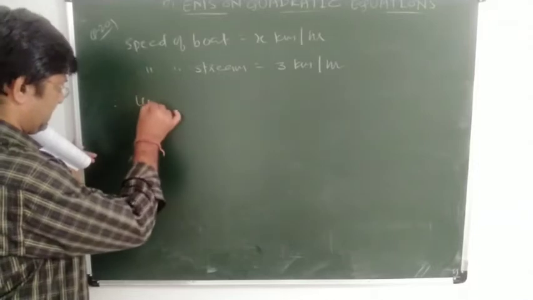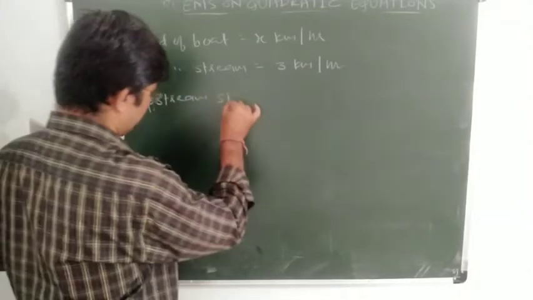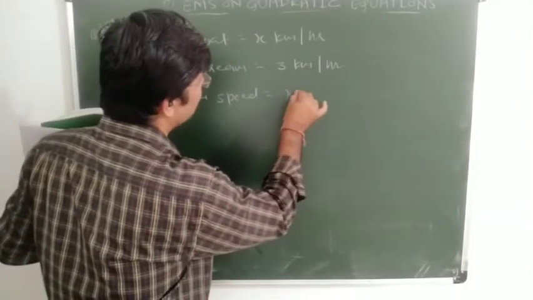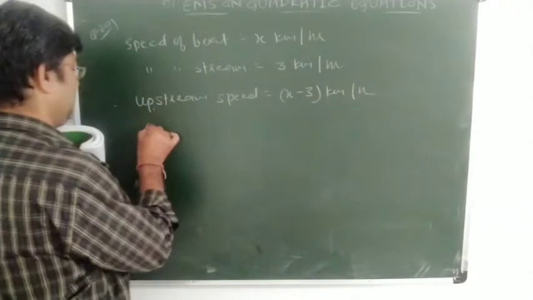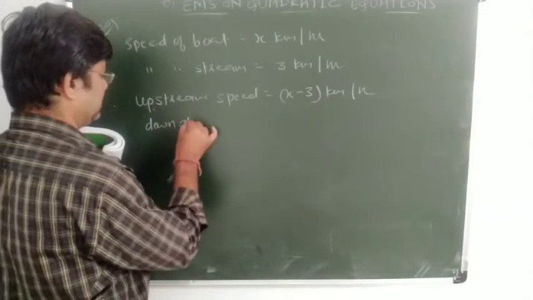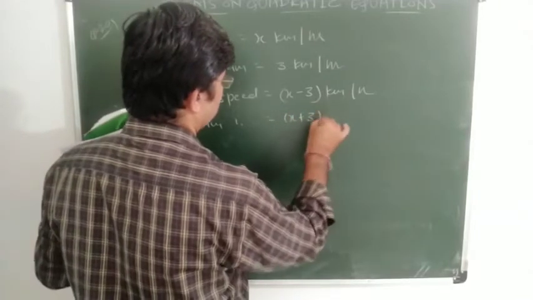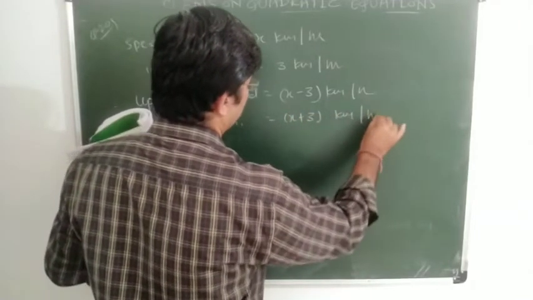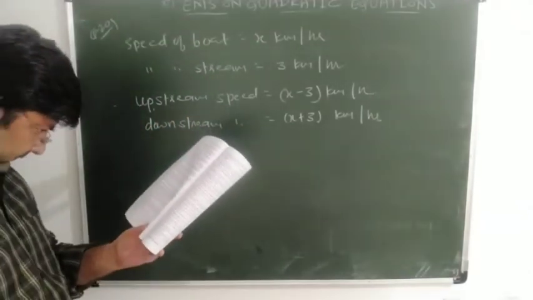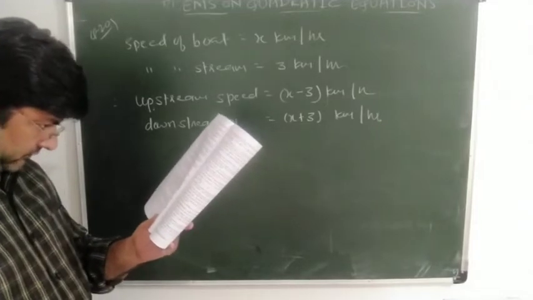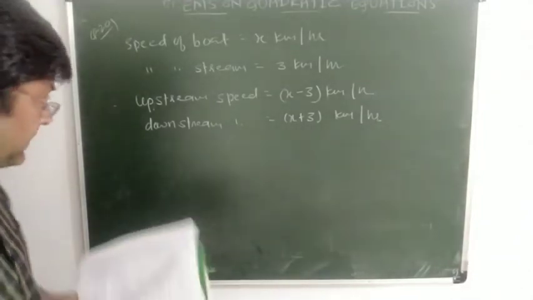Okay, therefore upstream speed of boat will be x minus 3 kilometer per hour, and downstream speed will be x plus 3 kilometer per hour. Now if the boat goes 15 kilometer upstream and 22 kilometers downstream, the distances covered upstream and downstream are given.